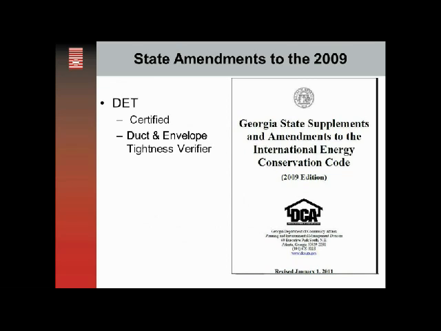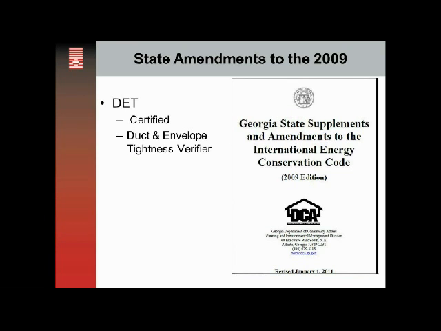Some state amendments have been made to help clarify these two issues. State of Georgia did an excellent job with their amendments to the 2009 IECC. Folks in the state of Georgia worked with an organization called South Face Institute, and they got an amendment that had specific language that created a classification of someone that could be an approved third party.